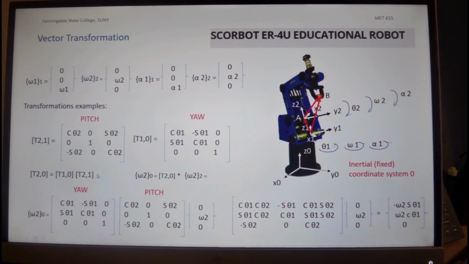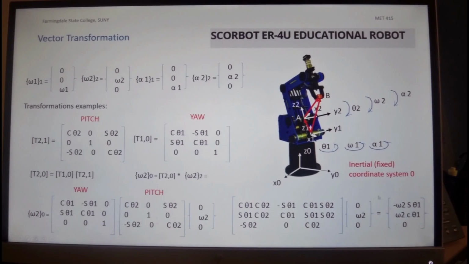If we take these two matrices and substitute them in this equation, we will get a resultant matrix, a little bit more complex. We multiply it times omega 2 as shown in coordinate system 2, and we'll end up with a component in coordinate system 0.